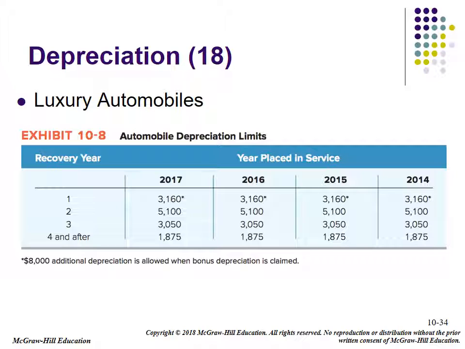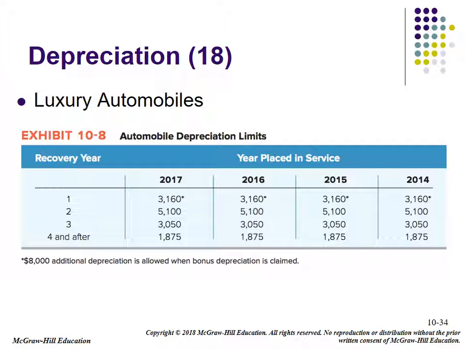One more. Let's say that instead you said, oh, the heck with it, I want to take bonus depreciation on this car. You're allowed to. Take 30,000 times 50%, 15,000. Okay. And then you could calculate normal depreciation on the remaining 15,000 of basis of that car. So you would take 15,000 times 20%, which would be 3 grand, right?